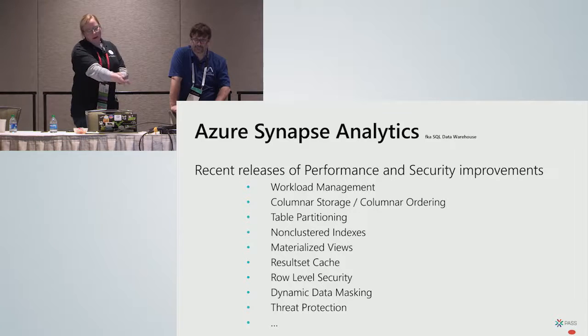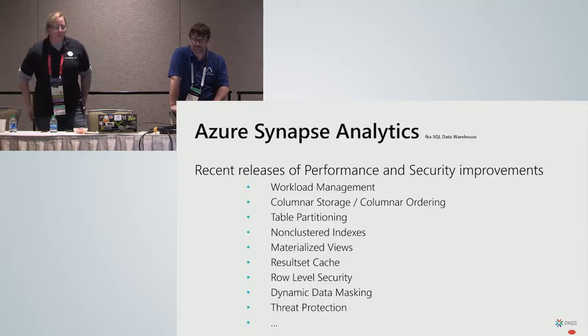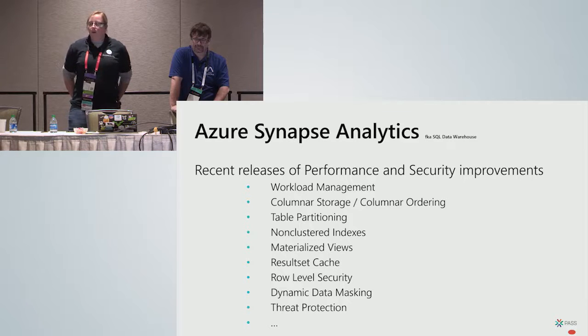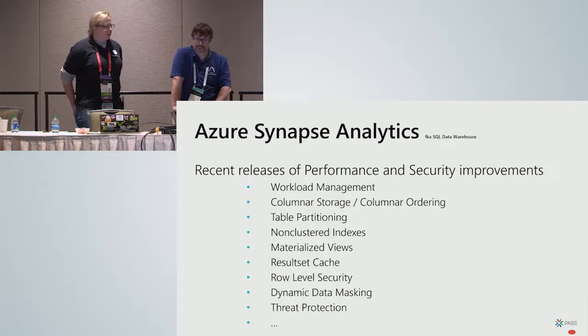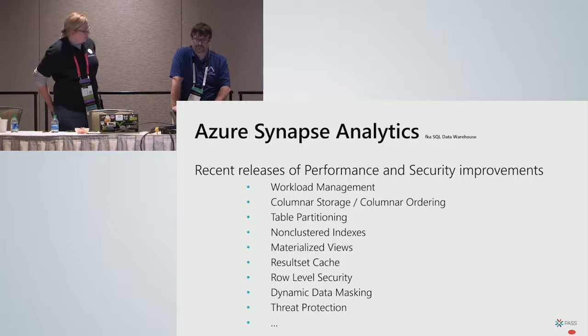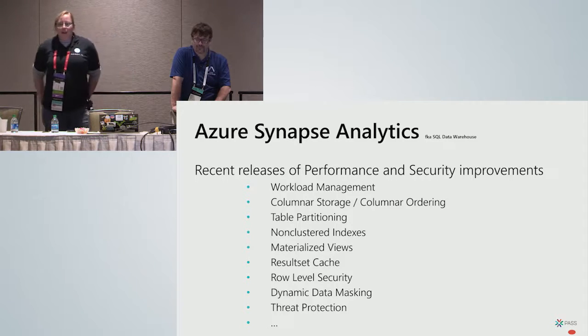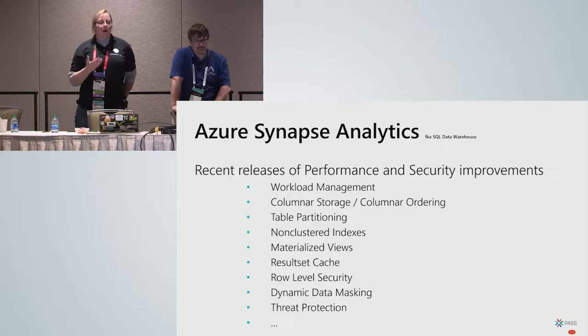As we mentioned, there were some very important releases to improve performance and security. So workload management, for example, which as far as I know is still in preview, or is it already GA? I'm not sure. It allows you to define workload groups and to decide which queries and which users, for example, are preferred in their workload.